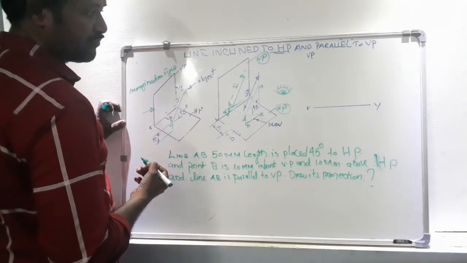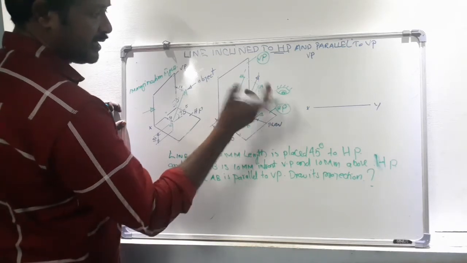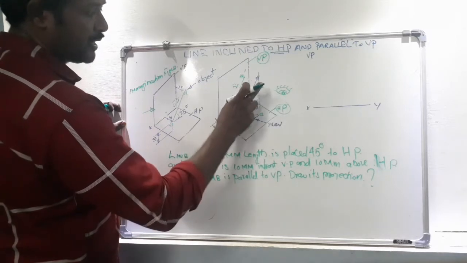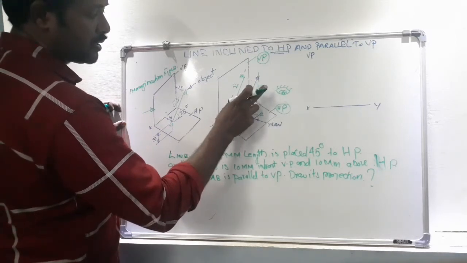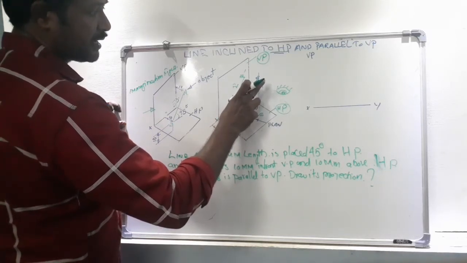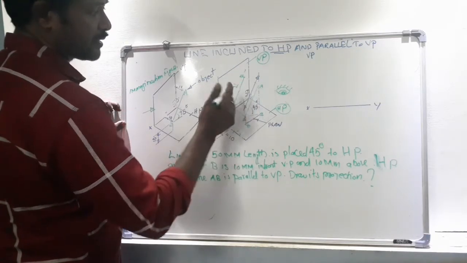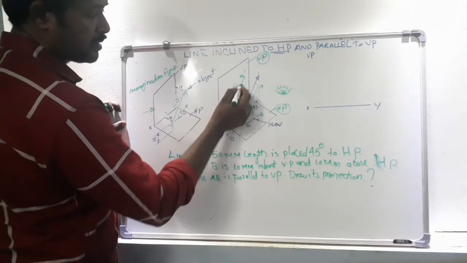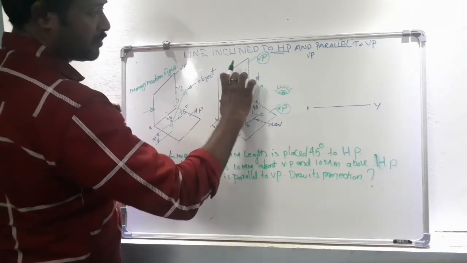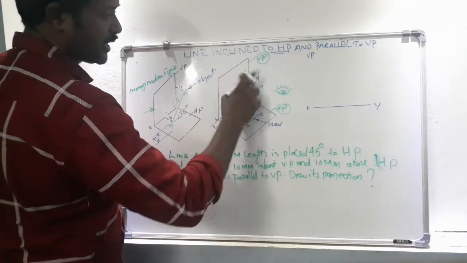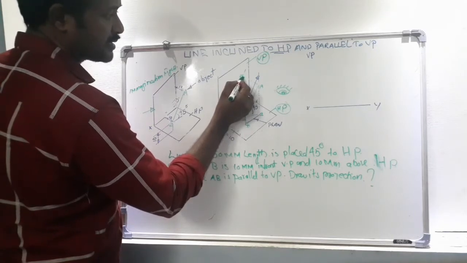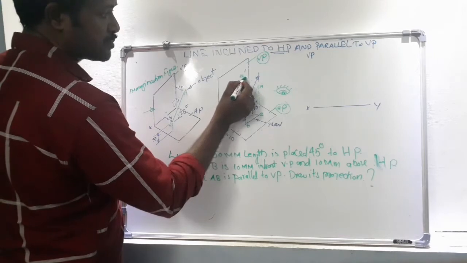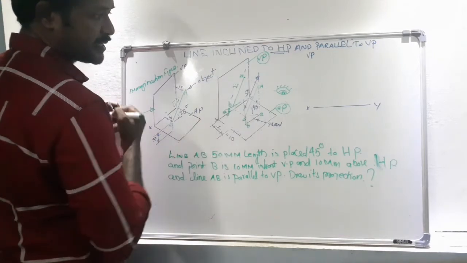Take your compass, place the compass point on B dash and draw an arc here, having a radius of 50 mm. Keeping 50 mm radius, draw an arc here. That arc intersects the inclined line here. That intersecting point is marked as A dash.